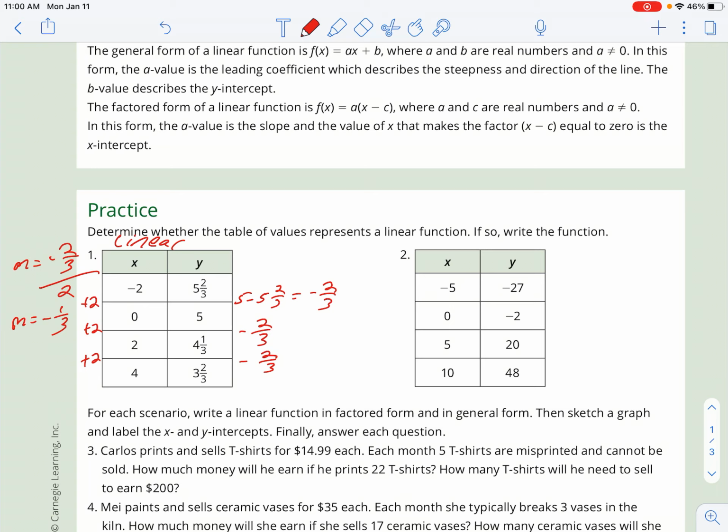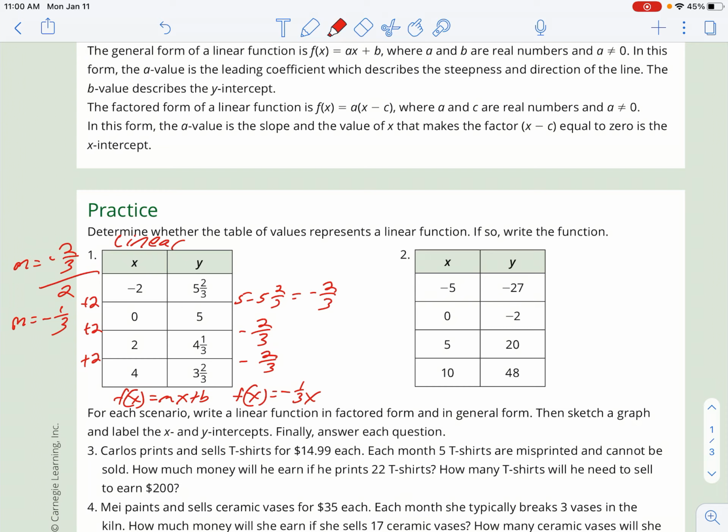Now from there, we have half of our linear function's equation. Remember, we're trying to create something that looks like this here. We've got the slope, which is -1/3. But the thing that we are also missing is the y-intercept.